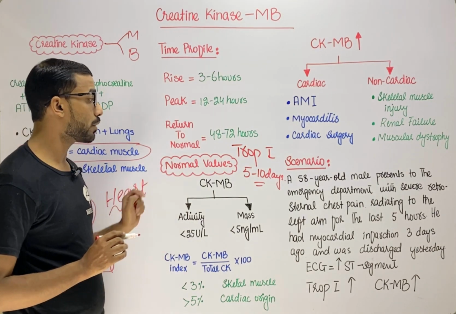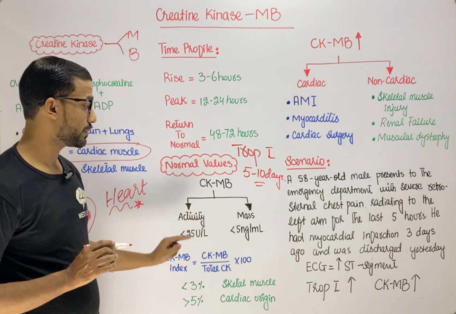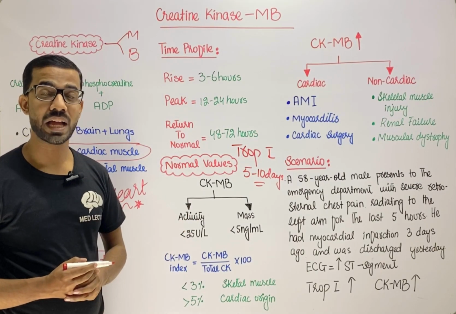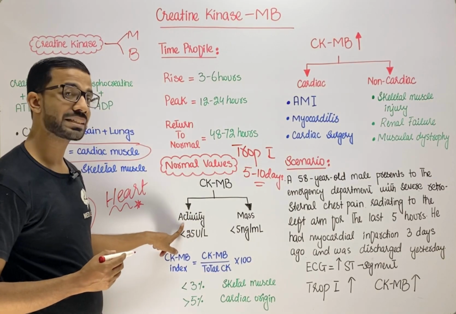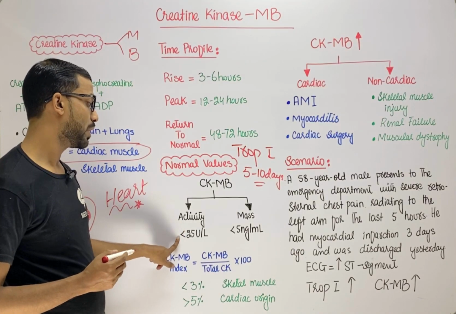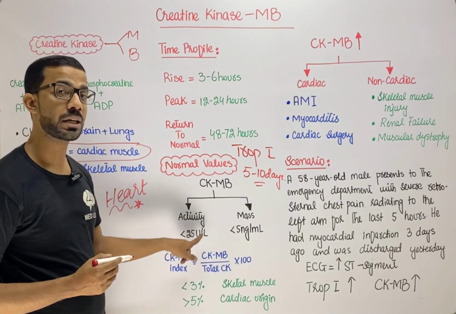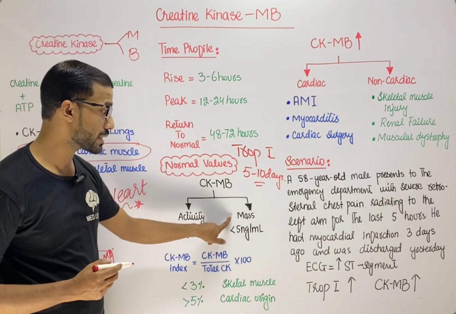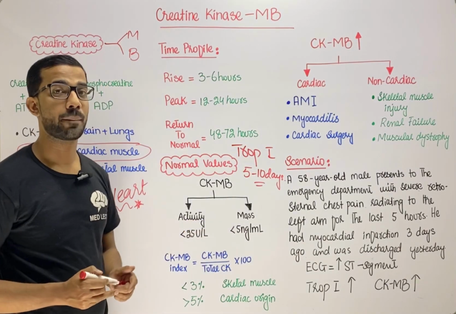Next, if we talk about the normal values, CKMB, because it's an enzyme, we can check its activity. Activity less than 25 units per liter is normal, while if we talk about its mass, less than 5 nanograms per ml is normal.